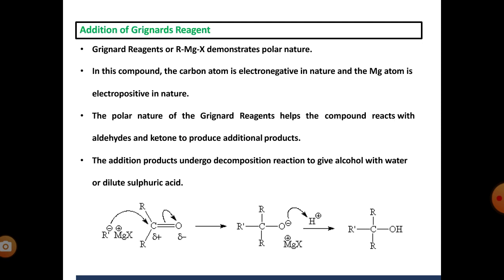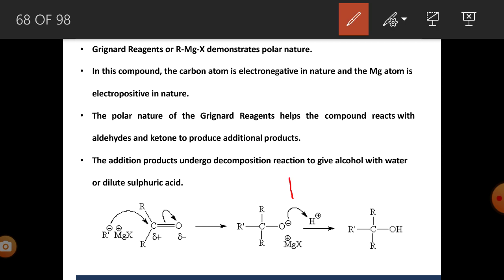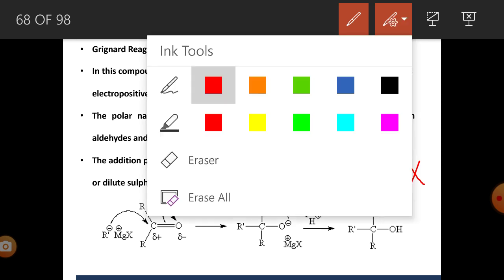So this method is very simple. Here we have to add Grignard reagent on the carbonyl group. As we know, Grignard reagent means RMgX, and commonly it is an alkyl magnesium halide. Magnesium, as it is a metal, has a tendency to donate electrons.